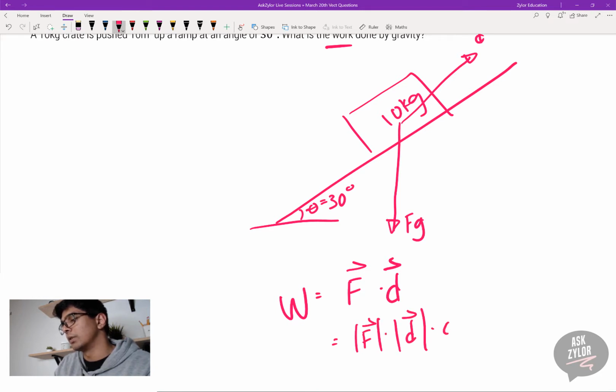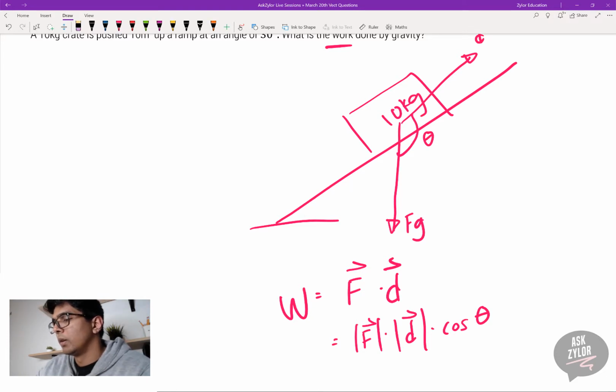my distance times the cos of the angle between these two vectors. So this is the angle between the two vectors. I know this is 30 degrees, so how do I find this? I know this angle is going to be 90 degrees.